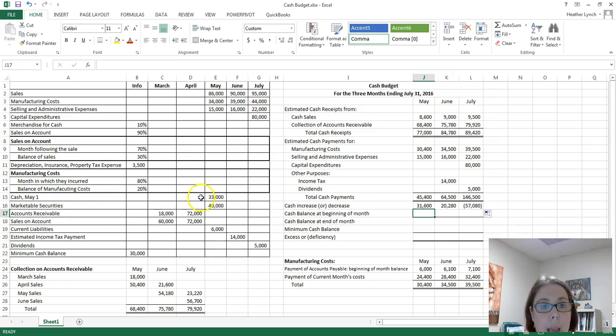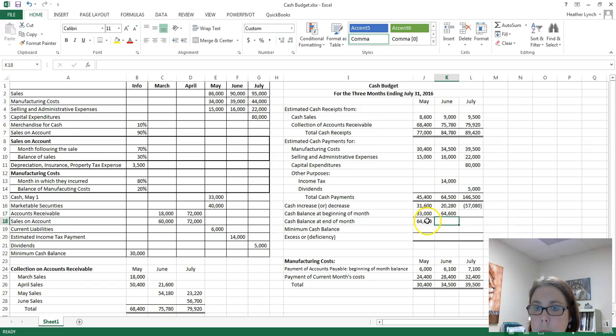So they told us cash May 1st was $33,000. So we can add our $31,600 plus our $33,000. That gives us $64,600. Your ending balance in May for cash is your beginning balance for June.